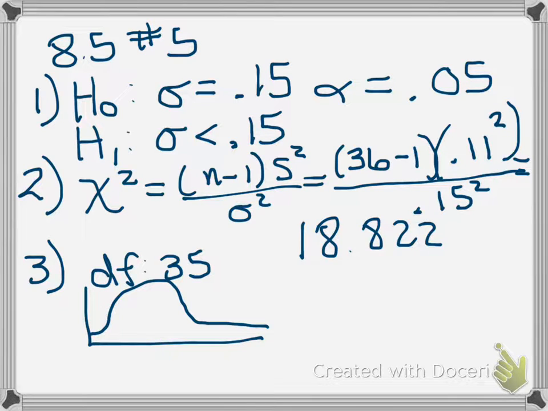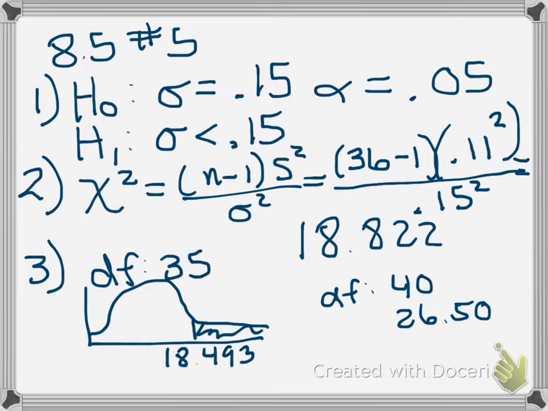So draw a chi-square table or a chi-square curve, and if you look up your one-tail test as alpha 0.05 in the right tail, so if you look up degrees of freedom of 30, you're going to get 18.493. If you look up degrees of freedom of 40, you would get 26.509, and I believe the book went halfway between those two to 22 something because they just interpolated that.